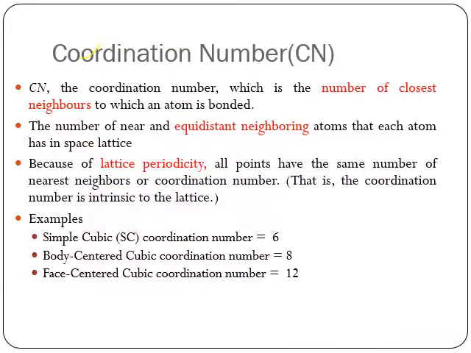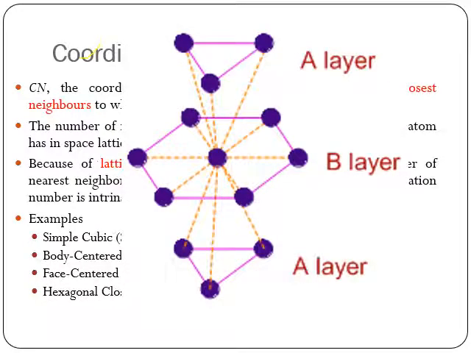Okay, so the next one is the hexagonal close packed system. You are going to have this center atom, and surrounding this one 1, 2, 3, 4, 5, 6.